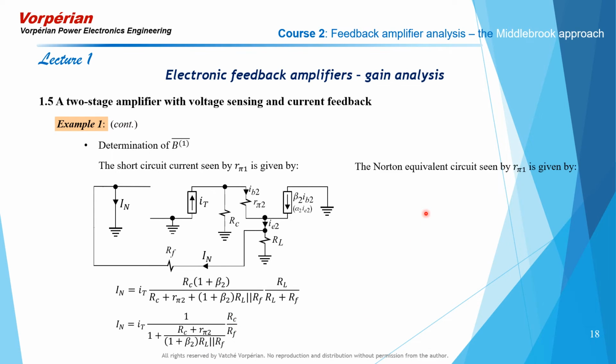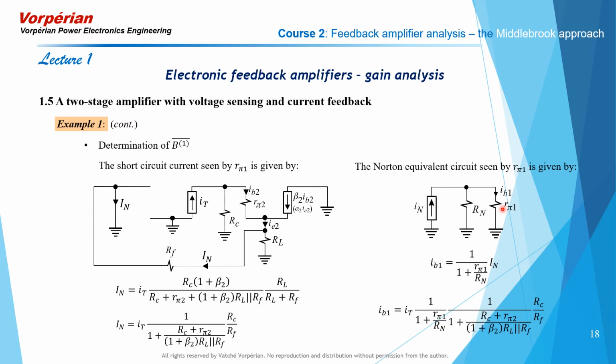Now, with the equivalent Norton current source and the Norton resistance, we can now find the ratio of IB1 to IN, and that's given by this current division, which is equal to this expression here. In this expression, we need to substitute the value of the Norton resistance.